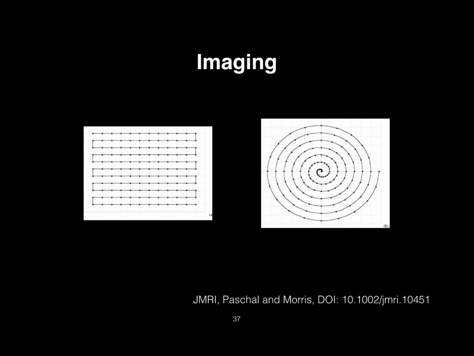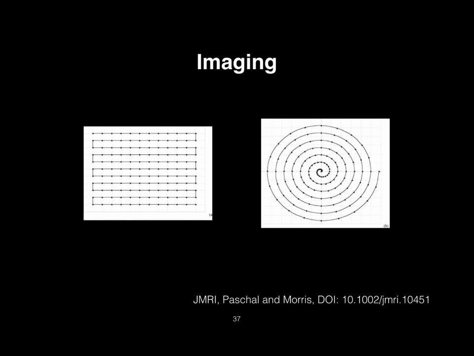These echoplanar images tend to have different distortion characteristics. Echoplanar images tend to be more distorted along the phase encode direction. So not along the direction that you're traveling this way, but where these little blips are, where you're jumping from essentially KY line to KY line, the distortions tend to be more prominent, because walking down this way is a slightly slower process than this way.